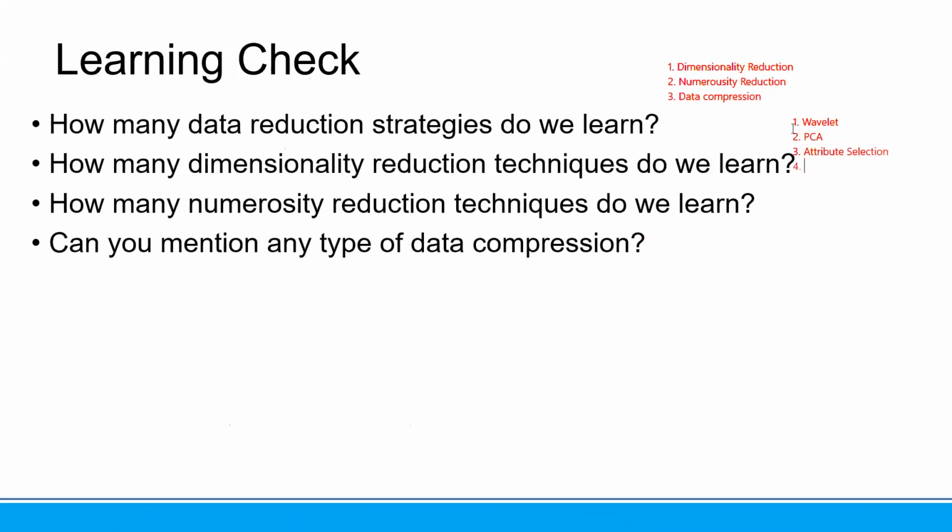And then we learn about attribute or feature creation. So we can combine some features and create a new feature. So that's about dimensionality reduction.